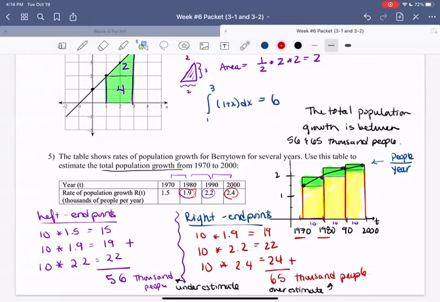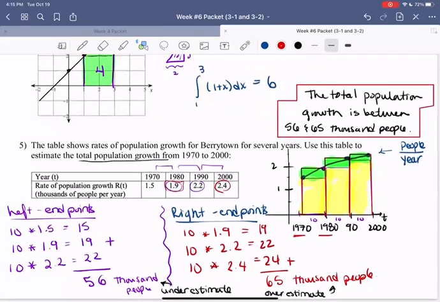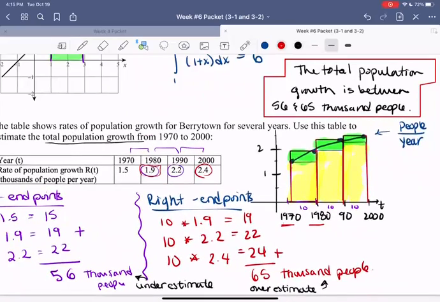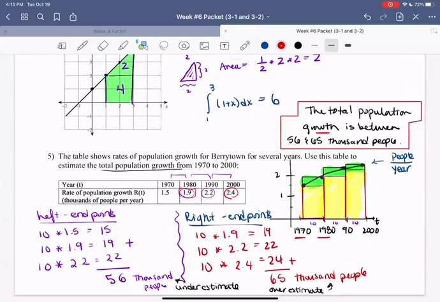Just to recall, this value tells us how much our population grew between these years. It doesn't tell us how much our population actually is, just the change or growth in population. That's because if we have a rate of change graph, then those accumulated rates of change tell us how much we change in total. So the total change here.